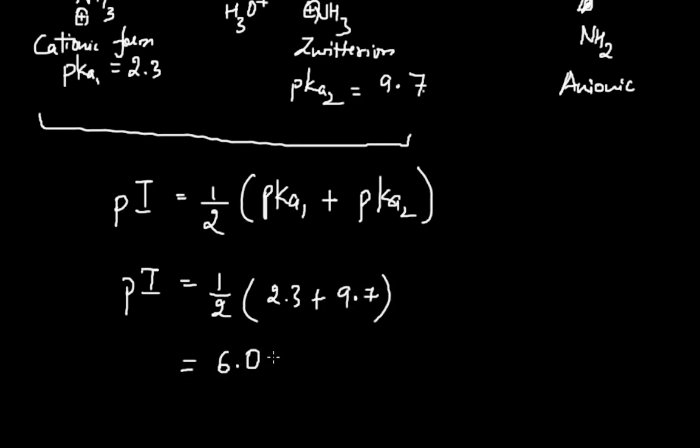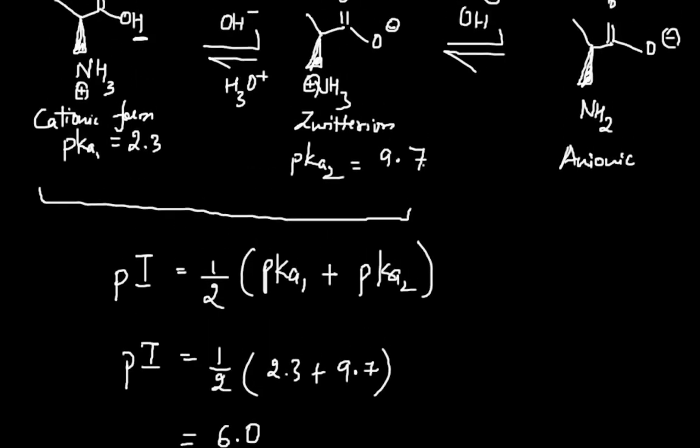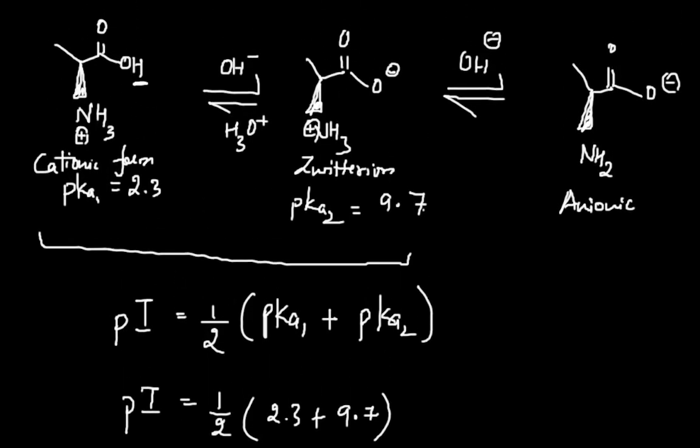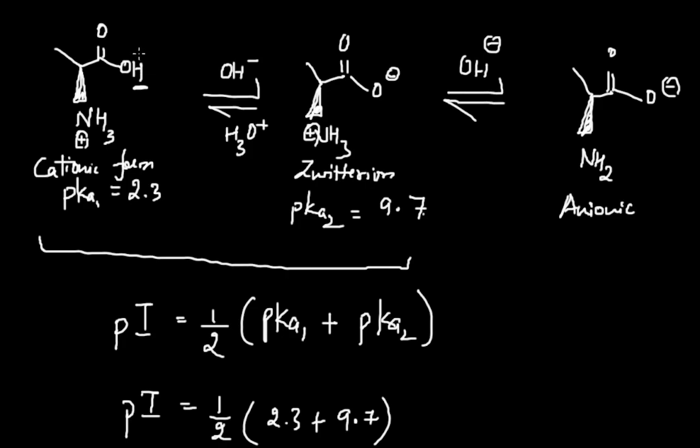Okay. So what happens when base is added to a solution of net cationic form? The first proton removed is the carboxylic acid group, as has been already told. When your pH reaches 2.3, the carboxylic acid proton will be removed from half of its molecules.